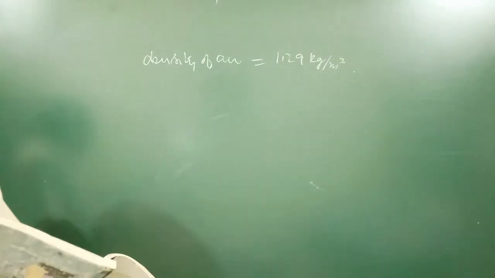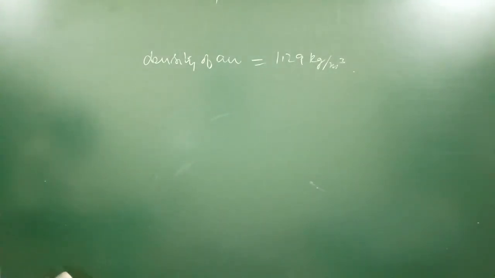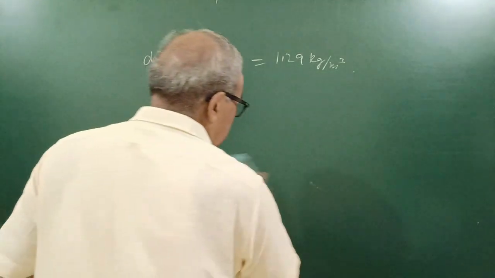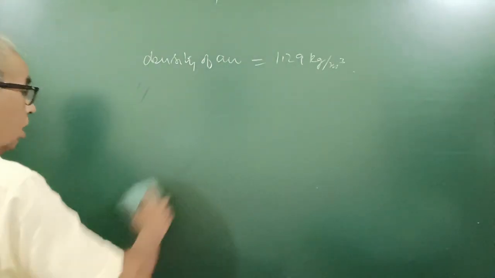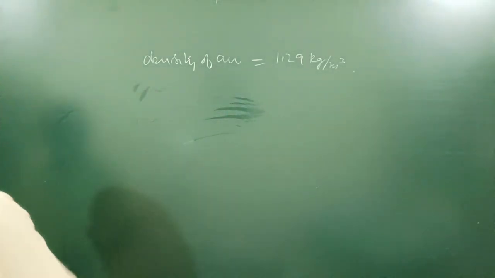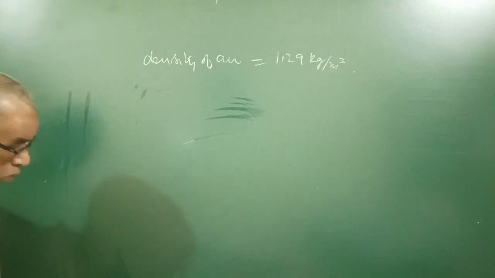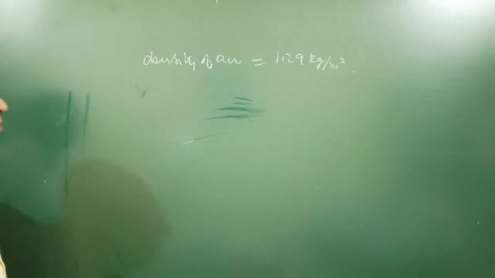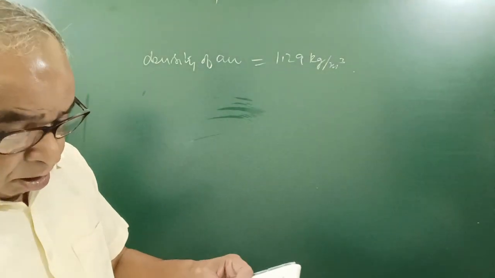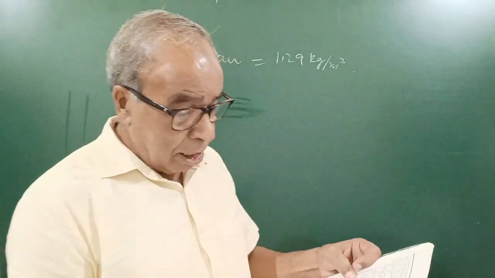Assume that it does not change with altitude. If we go above sea level into the sky, and suppose that the density of air does not change with height, then how high would the atmosphere extend?